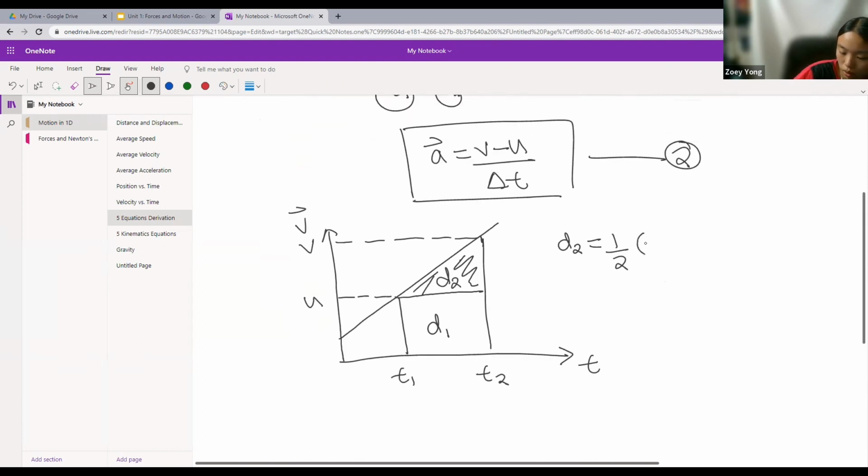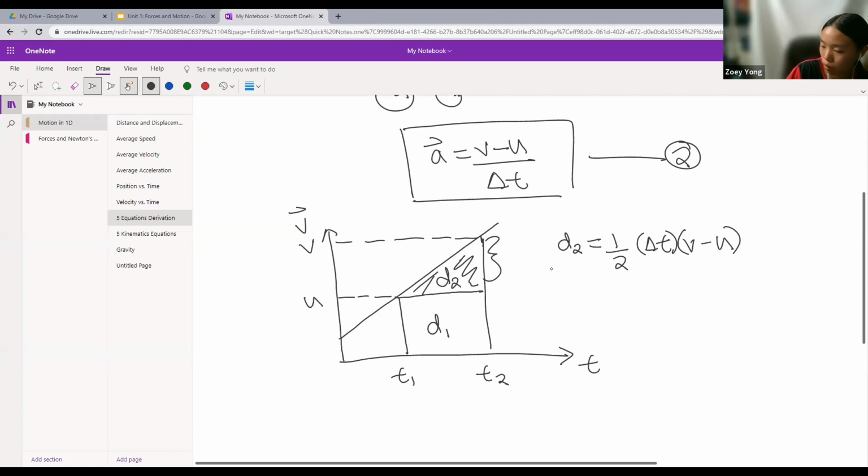Half base, which is delta t, times height. So the height is here to here, and that's v minus u. Half delta t times v minus u is the area for this triangle, which is also the second distance. At the end, we're going to add d1 and d2 to get the full distance. So this is just me splitting it up first.